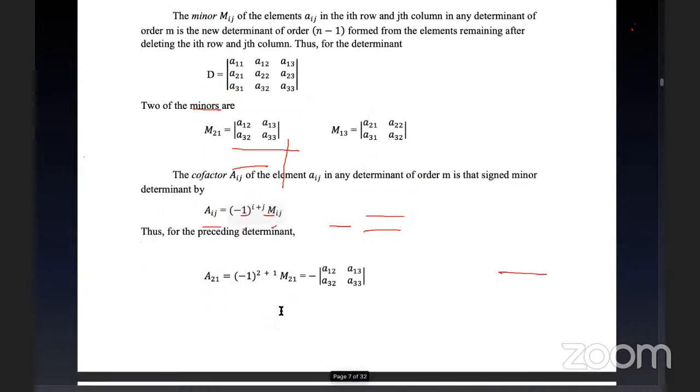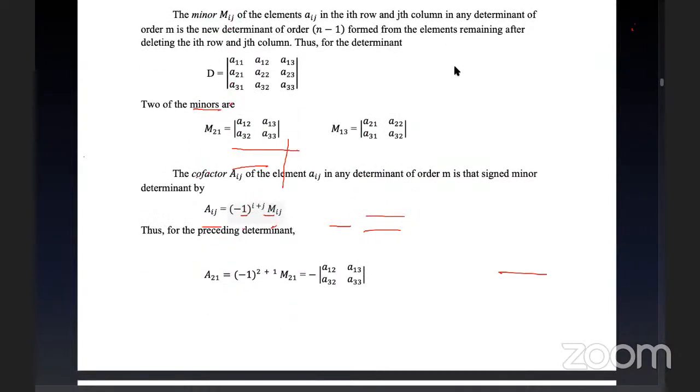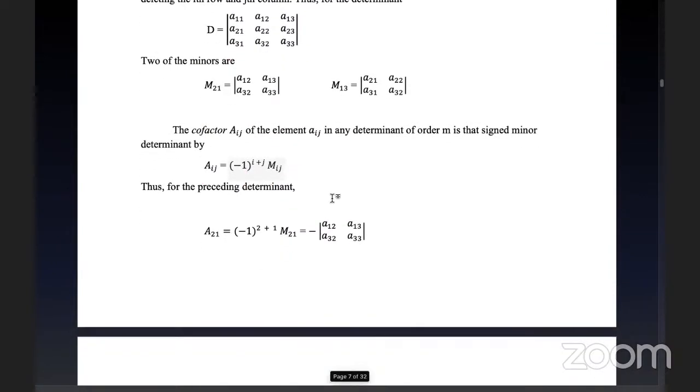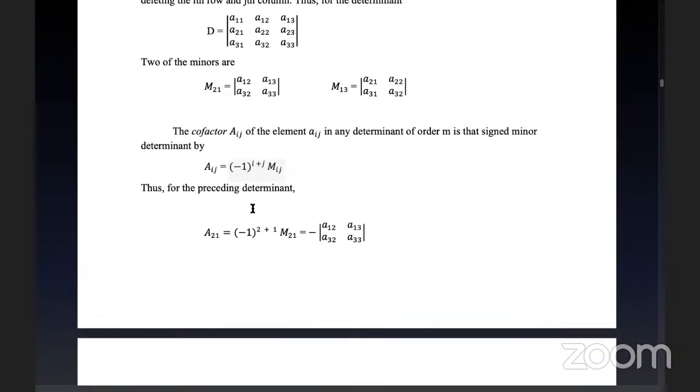So for example, here, A sub 21. So this is a signed minor or cofactor ang tinutukoy dito. So if we add the subscript, so 2 plus 1, you have an odd number. So -1 raised to an odd number is negative. Kaya yung sign mo dito is negative.